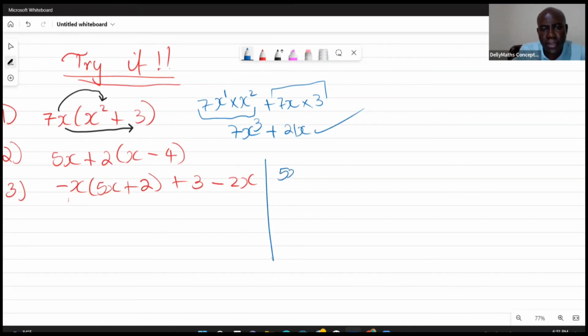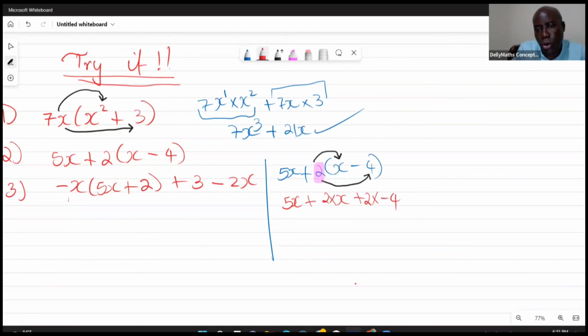All right, let us see what we do here for number 2. We have a 5x, and this will be added to 2, open bracket, x minus 4. Be advised that this 2 is immediately outside the bracket. It must be used to be distributed inside. So my arrow will be pointing to what we need to do. We're going to be writing back this 5x. Then we're going to employ distribution here. 2 times x, the positive 2 times negative 4.